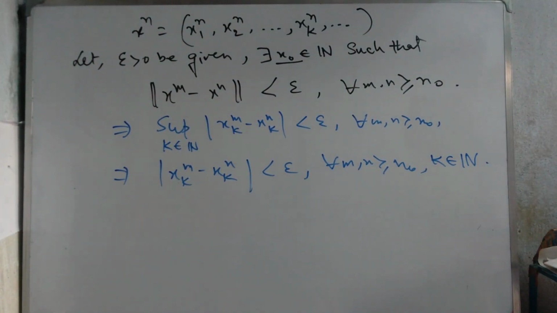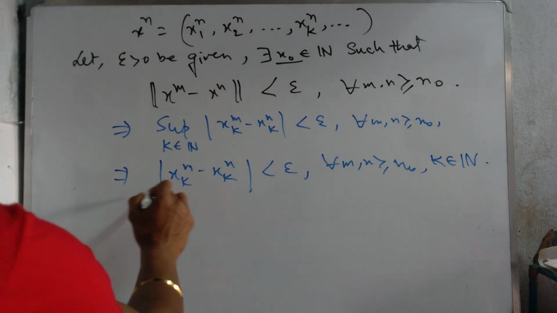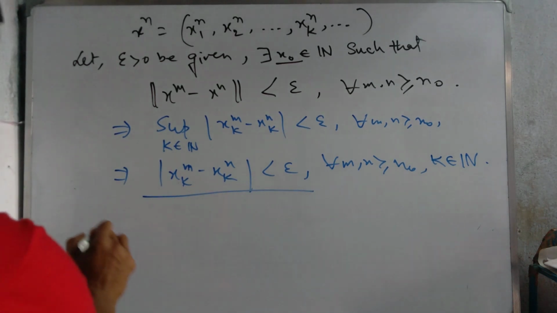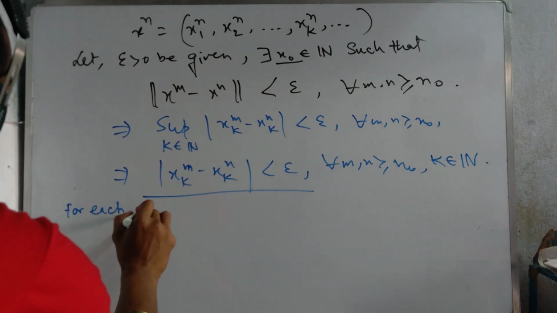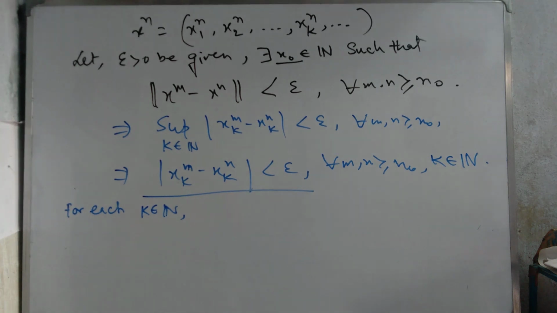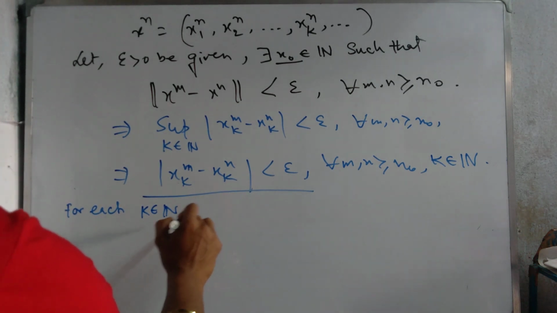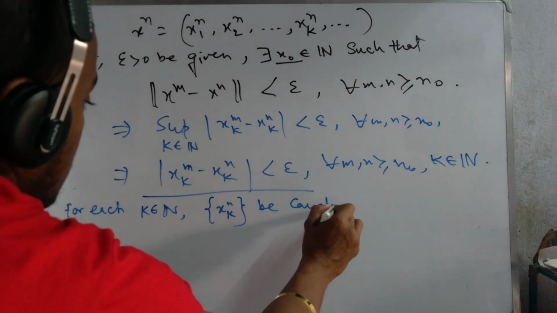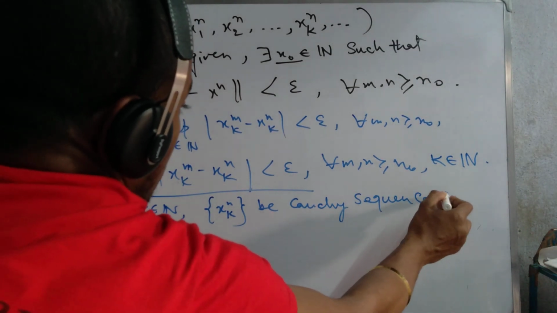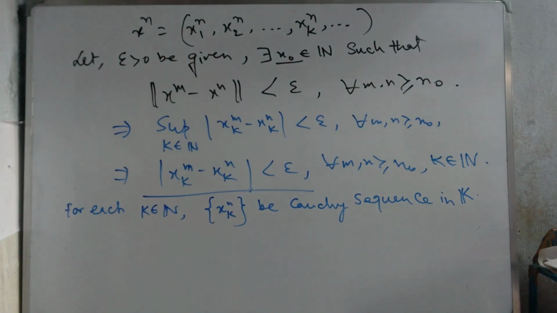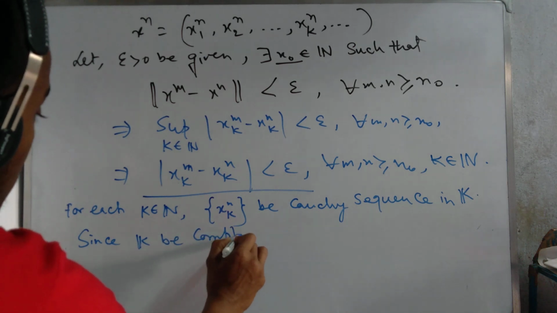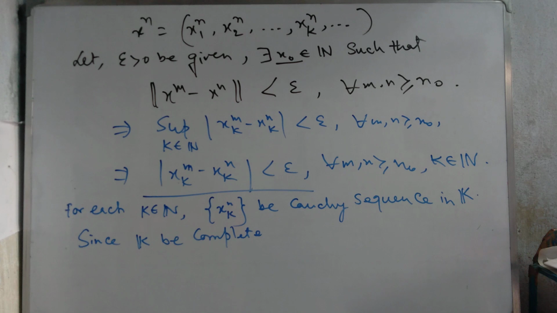Then we find this one here, and obviously for each k belonging to the natural numbers, xk to the power n is a Cauchy sequence in some field K. So we know that K is complete, since K is complete.